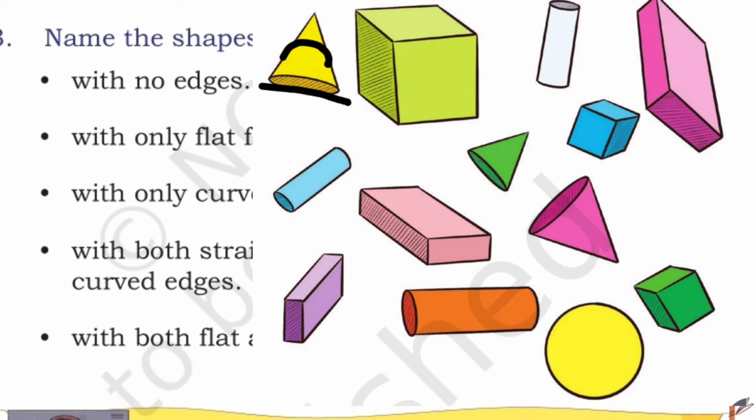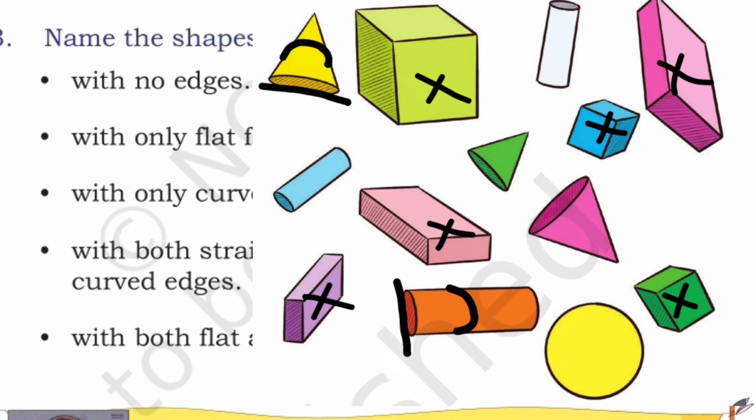The next, cube and cuboid, they don't have any curved faces. They only have flat faces. And for sphere, no, we do not have any flat faces. And for cylinder, we have both flat and curved faces. So the answer is cone and the cylinder.